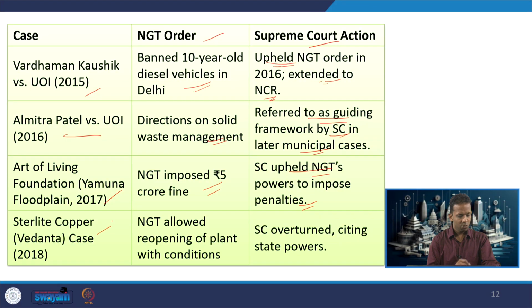The last case was the Sterlite Copper Vedanta case of 2018, where NGT allowed the reopening of the plant with some conditions.